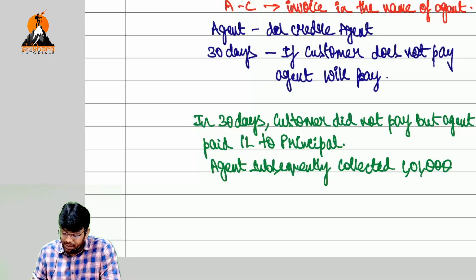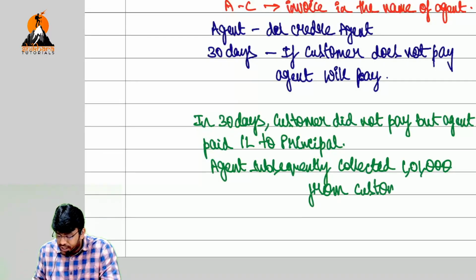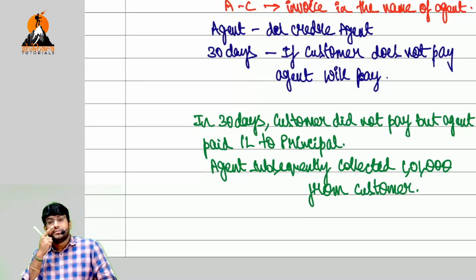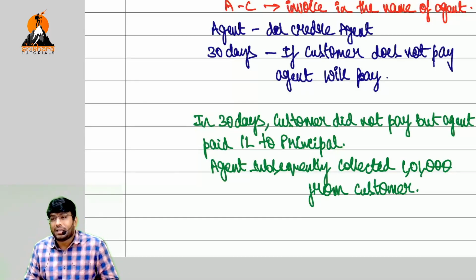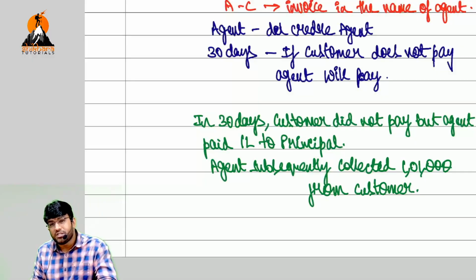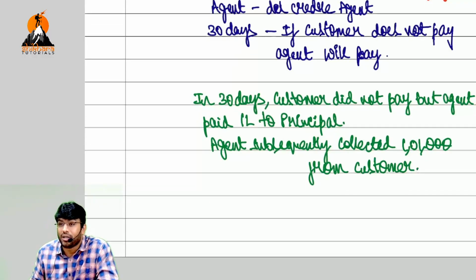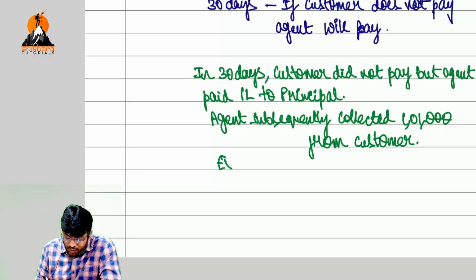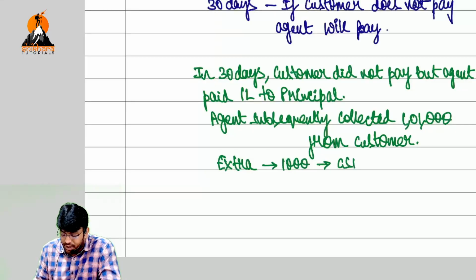I repeat one more time. How much collected, friends? 1,01,000 from customer. Already principal got how much? Speak out. Now what is the extra amount? What is the story? On this 1,000 will GST come?